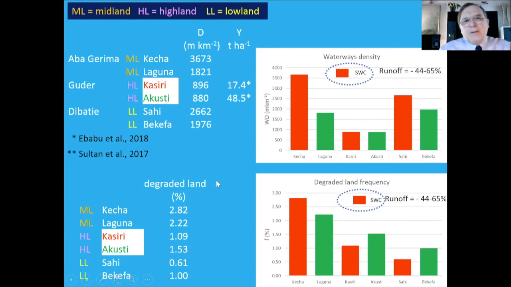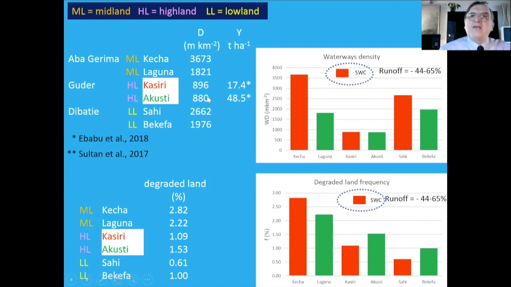So we should expect to have not so much degraded land in treated areas, but probably the degradation started before, and probably they started to implement soil and water conservation measures just to decrease the soil erosion in this area.